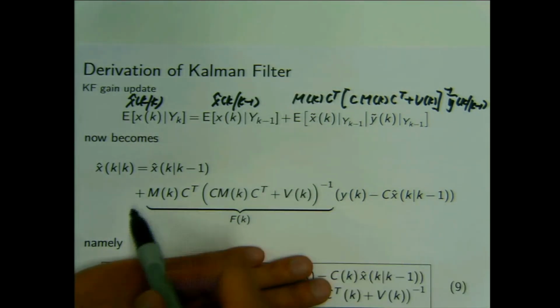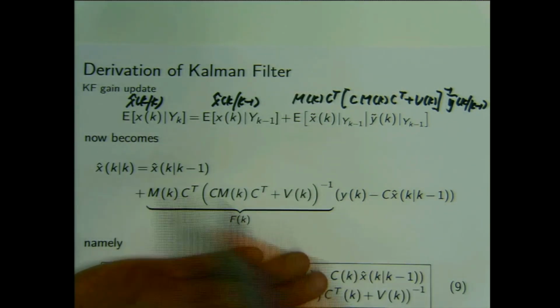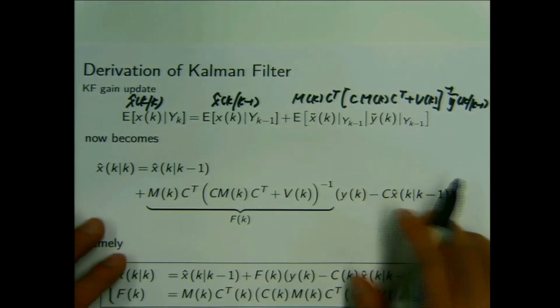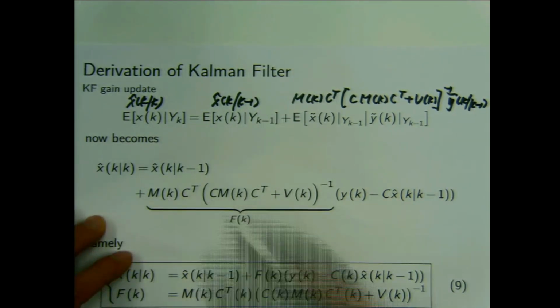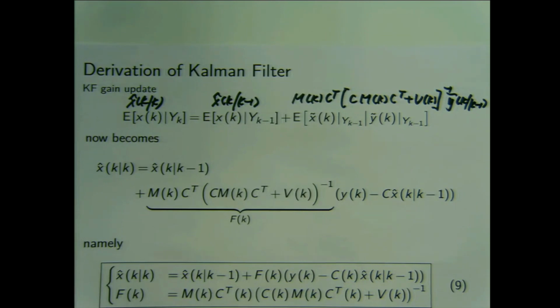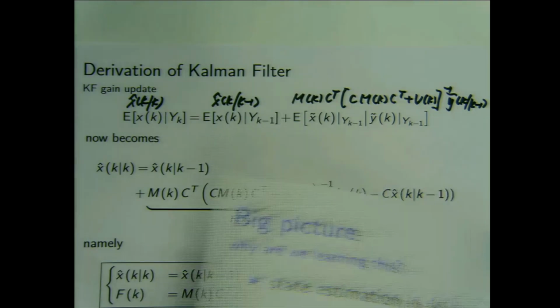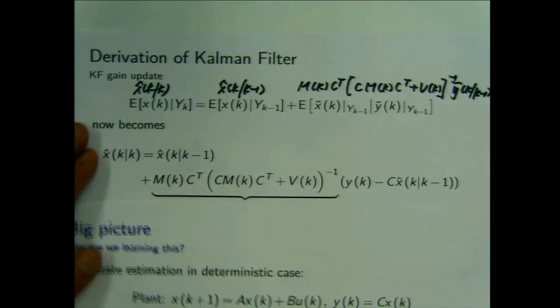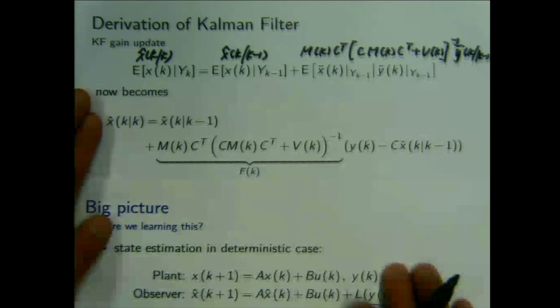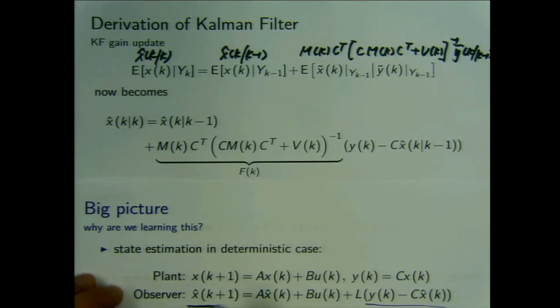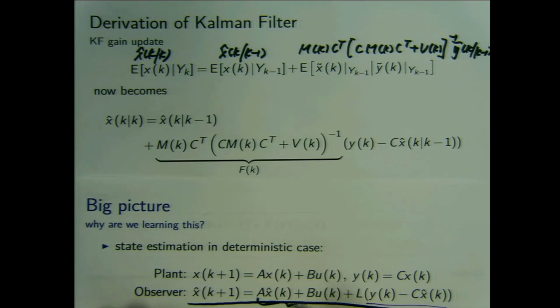And very similarly, you can see the structure looks very much like the case for an observer. Recall, we have the observer system matrix at the beginning of the lecture. The observer equation looks like this. You see, this is the estimate x hat k plus 1. The notation is shifted by one index.